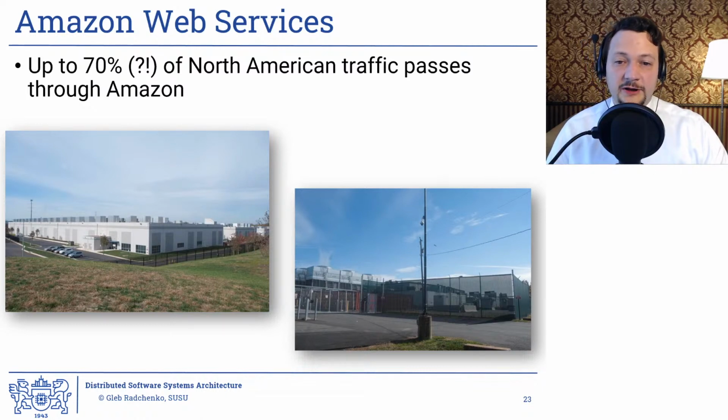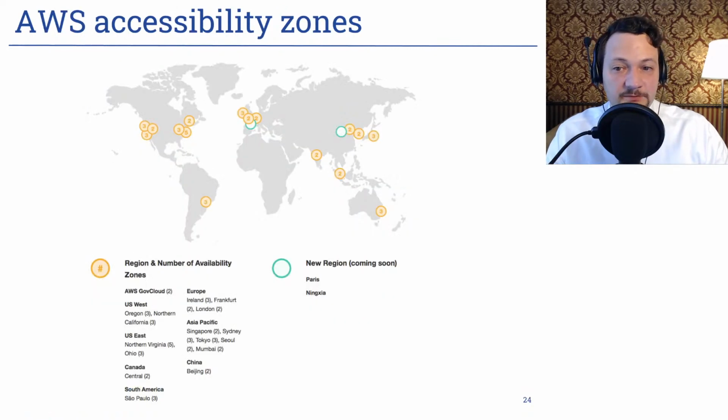It goes especially through the servers of Amazon Web Services. Of course, if you ask Amazon where your servers are located, and why I'm showing you this picture and why I'm so interested in this, no one knows for sure where they are located and where they are building these facilities. If you go to the Amazon Web Services webpage, you would see a picture like this. They would tell you, okay, this is a map where our data centers are located.